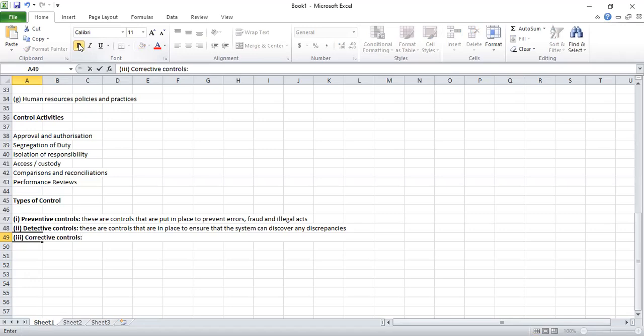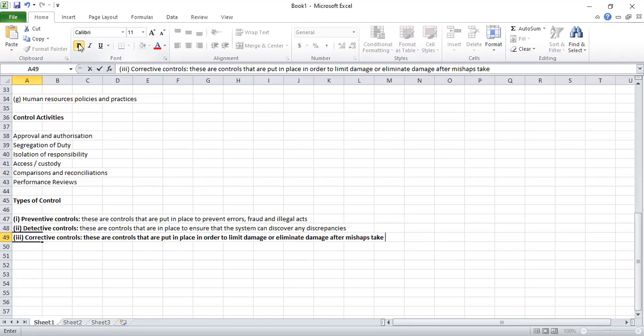These are controls that are put in place in order to limit or eliminate damage after mishaps take place.